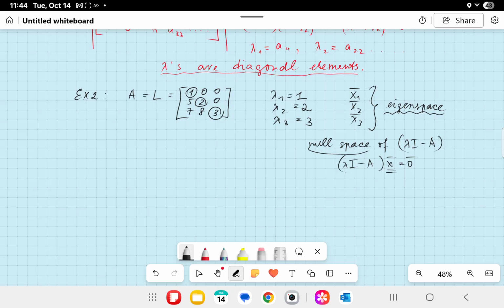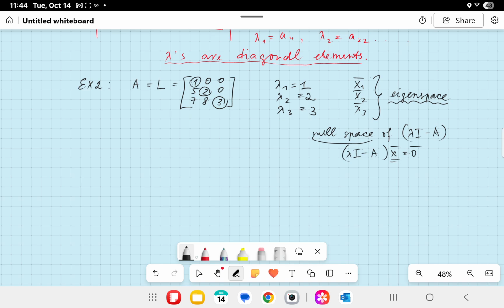I want to consider another example, more convenient for finding eigenspace, and I'm going to consider an upper triangular matrix, just because I don't want to solve long equations. My matrix is upper triangular, and that's going to be 1, 2, 3, 0, 2, 4, and 0, 0, 2.